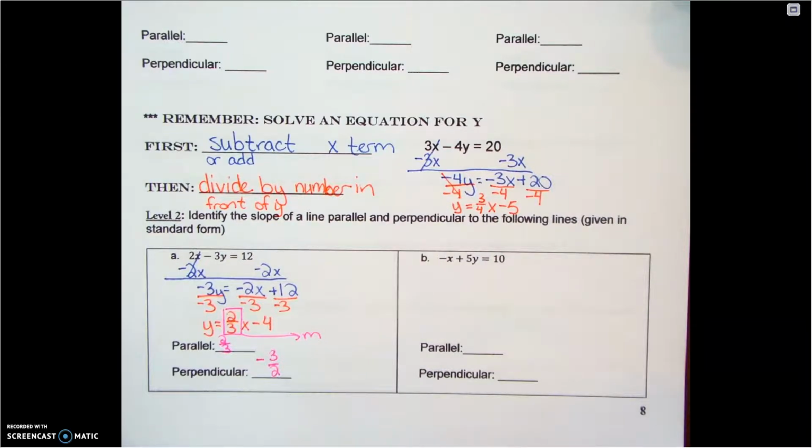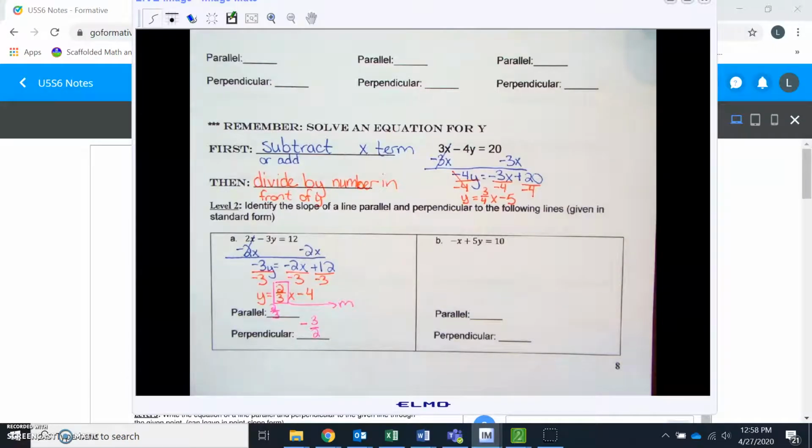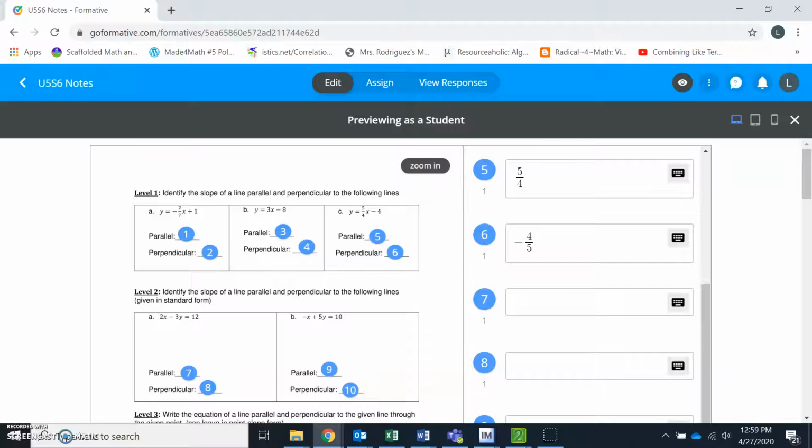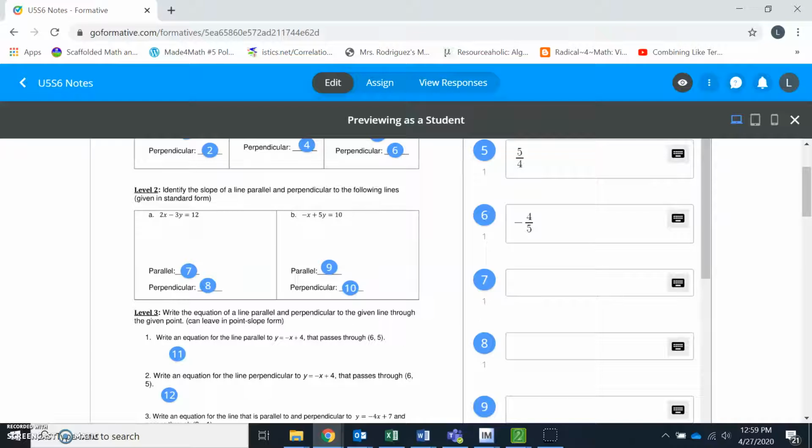Let's take a look really quick to see how I would enter that on my classwork. So here's an example of our level 2 classwork. This is the problem we just did. So problem number 7 is asking for the parallel slope. Just a reminder that we would do 2 and then the question mark key is the one that changes it to a fraction for us, thirds.